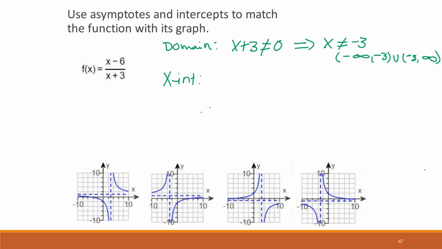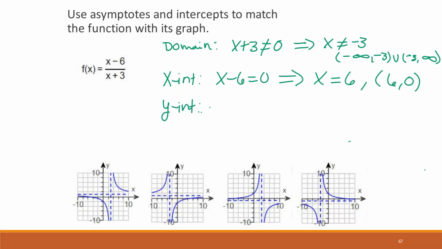The x-intercept here would be the numerator solved. So the x-intercept is the point 6, 0. So the y-intercept comes from taking those zeros out. So we get negative 6 over 3.